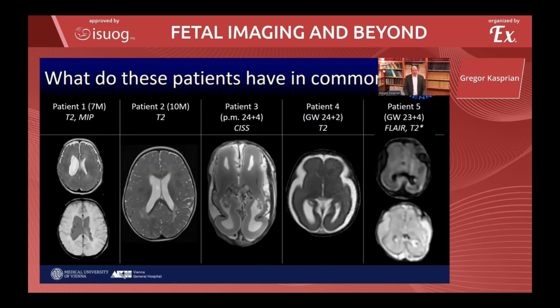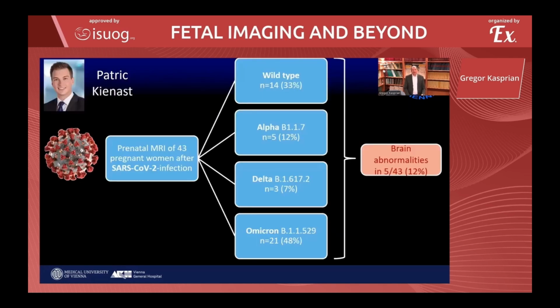And finally, these 5 cases have all one thing in common. Some of them have hemorrhages, I agree. But the thing they have in common is that they had a COVID infection. And Patrick Kienast was analyzing our cohort of COVID-infected mothers.